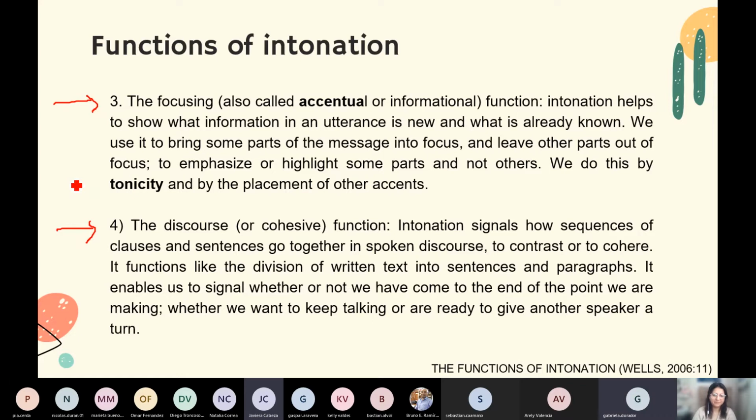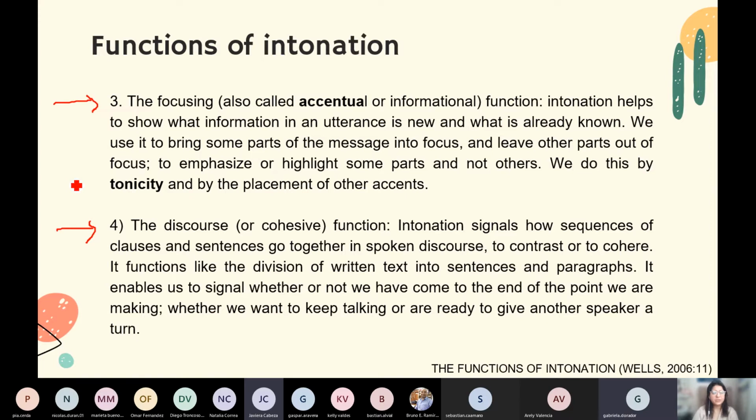It functions like the division of written text into sentences and paragraphs. It enables us to signal whether or not we have come to the end of the point we are making, whether we want to keep talking or are ready to give another speaker a turn.